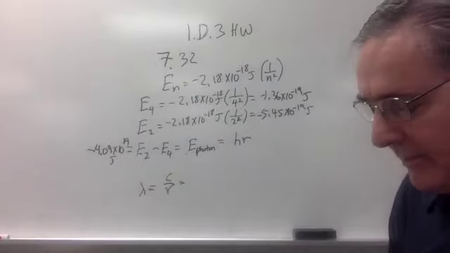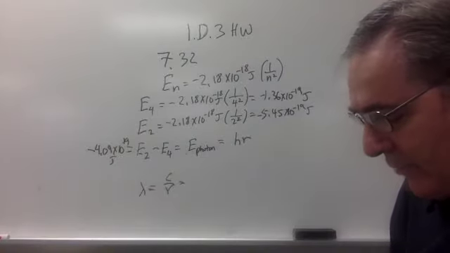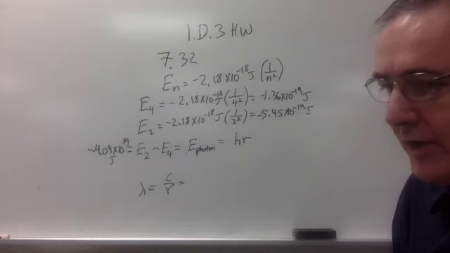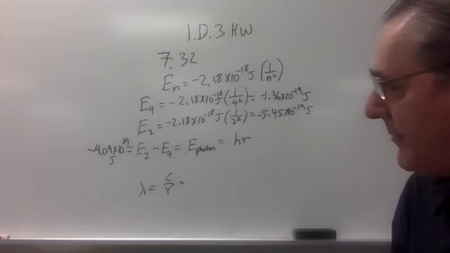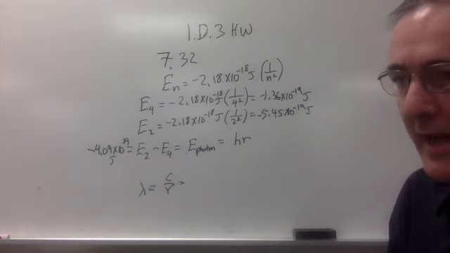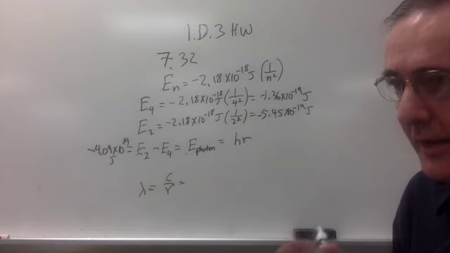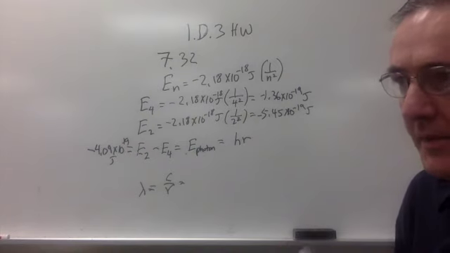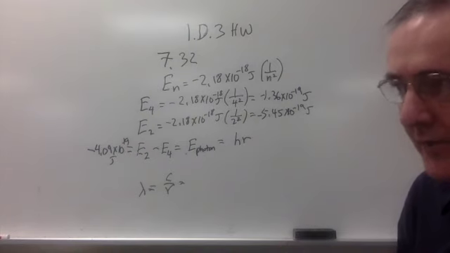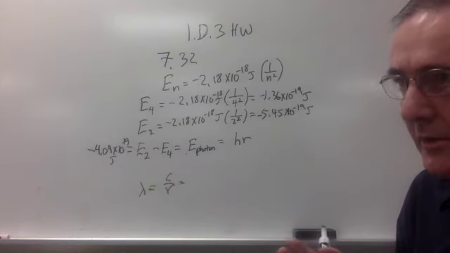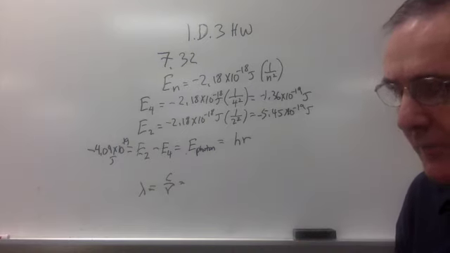The negative sign simply means that when the electron drops from 4 to 2, energy is lost by the atom. There's a photon that comes out of the atom. So the energy is negative because the atom is losing energy. But the energy of the photon is positive because energy is a positive quantity.